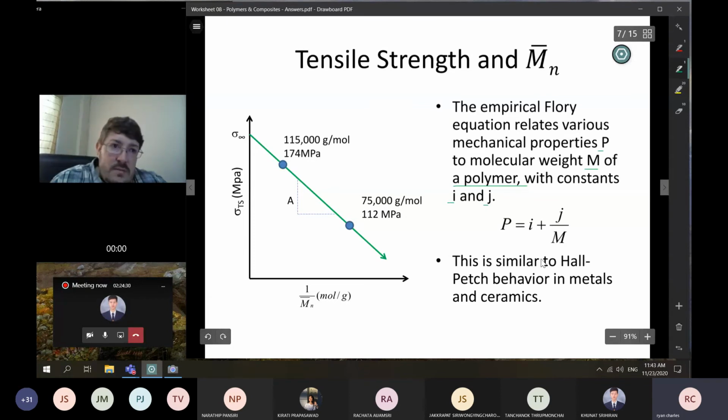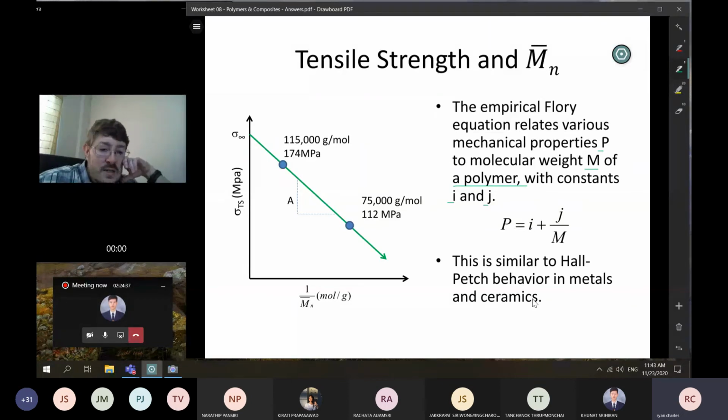This is similar to Hall-Petch behavior, which we see in metals and ceramics. Metals and ceramics have a grain size. Amorphous polymers don't have that. They have a molecular weight. They have a chain length. And it's observed that higher molecular weights often lead to higher mechanical properties.